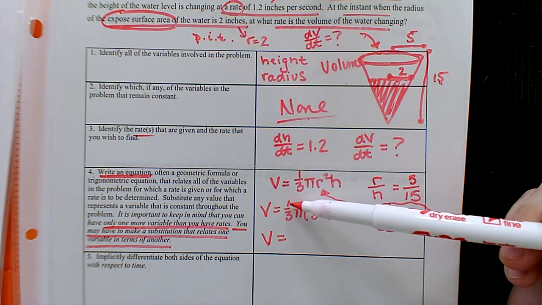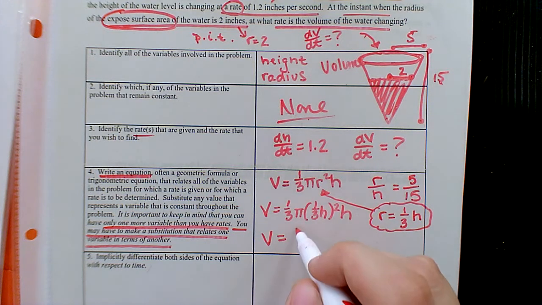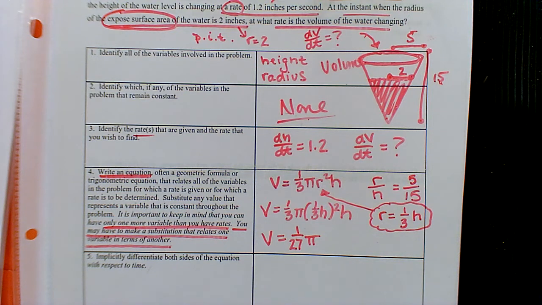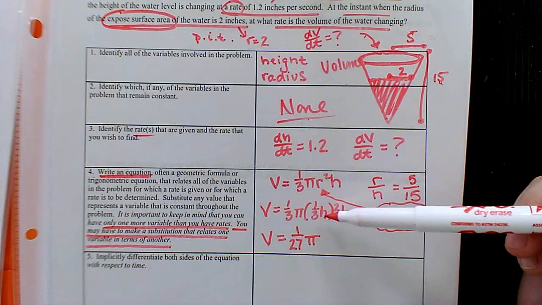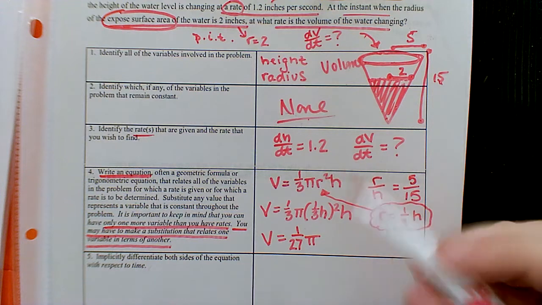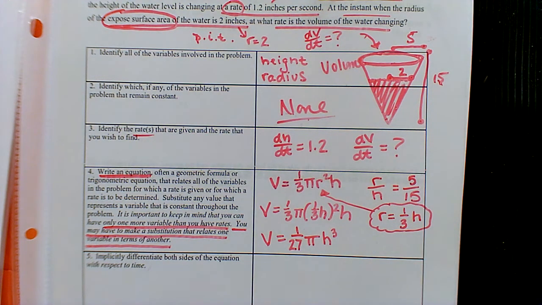And maybe we can multiply that with the 1/3 that was already out front. 1/3 times 1/9 would be 1/27. We still have the pi. And then we're going to have an h squared times an h, which would leave us with an h cubed in the end.